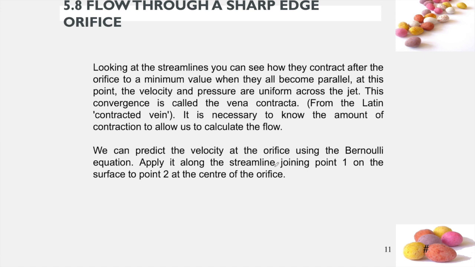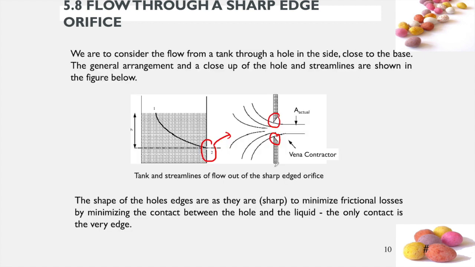Okay, we can predict the velocity at the orifice using Bernoulli's equation. So the vena contracta is this. You know that when we have a sharp edge orifice, we have two different areas.